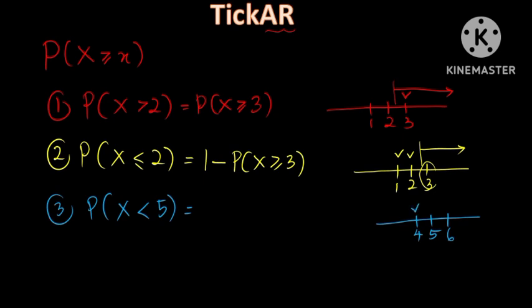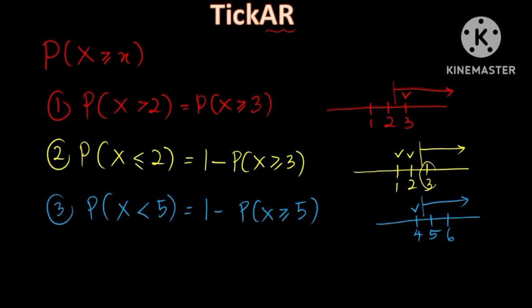So draw the barrier and draw the arrow, the barrier between 4 and 5 and the arrow to the right side. This case is the same as question number 2, so we need to take the complement. So 1 minus the probability of x more than or equal to which number? Yes, we exclude starting from 5. So x more than or equal to 5.